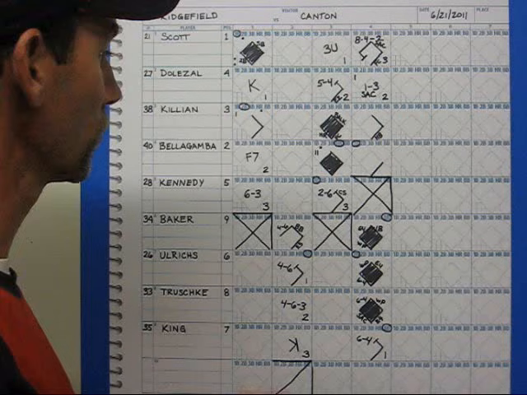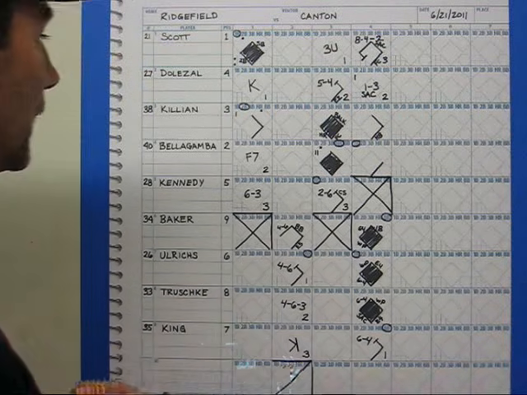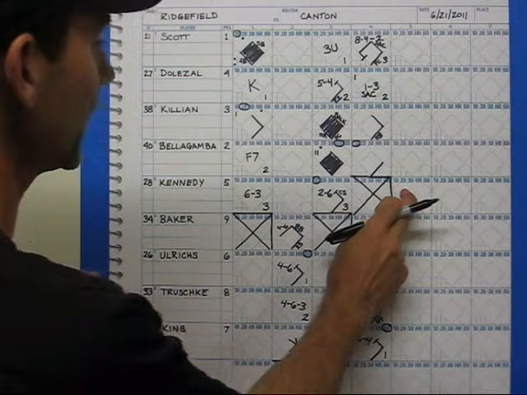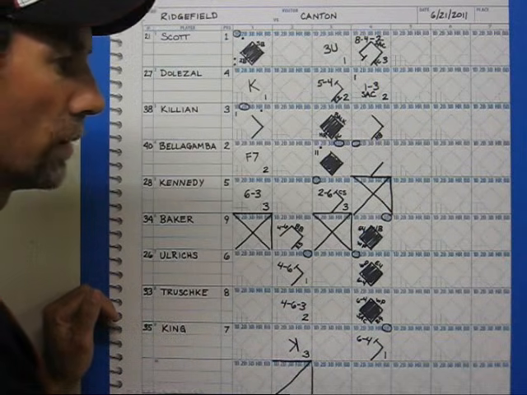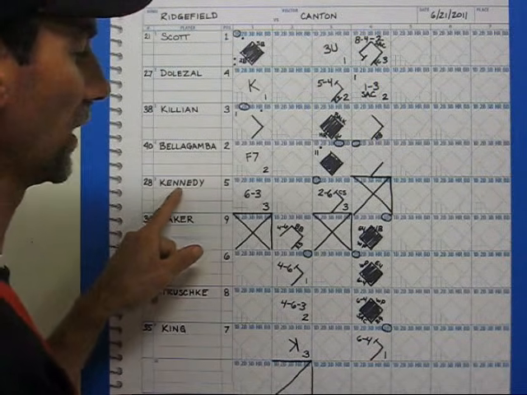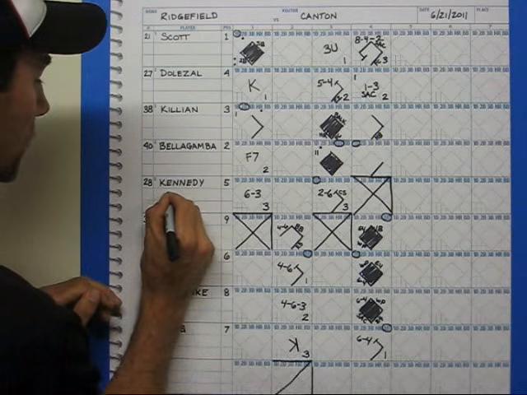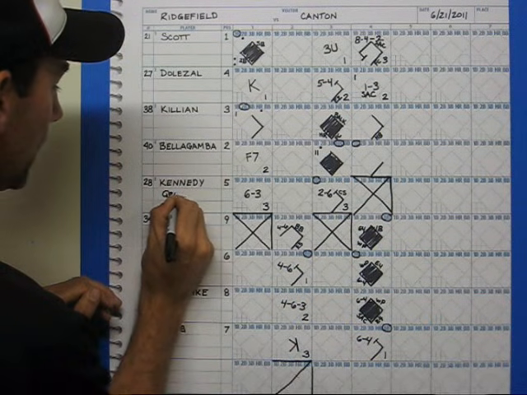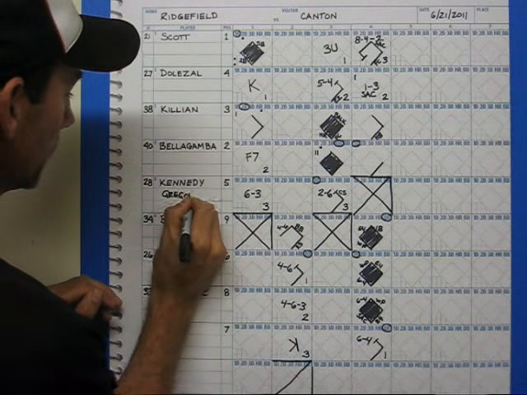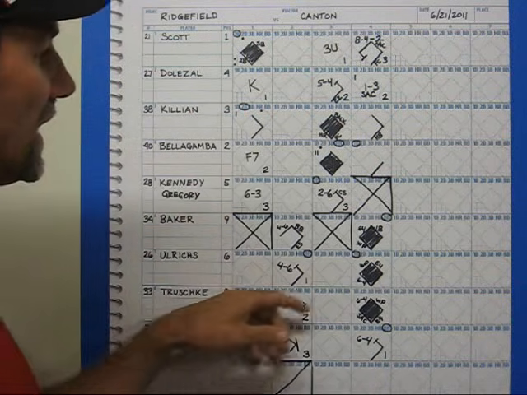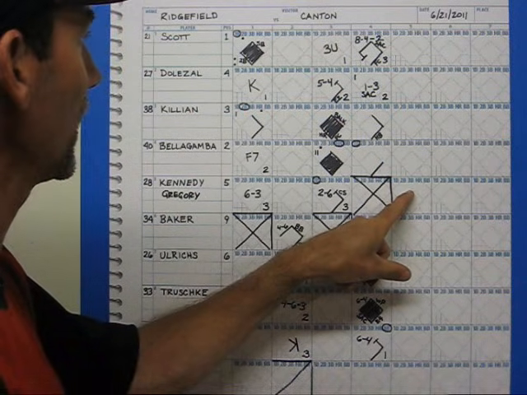And here's just one more little tip we're going to show right here. Let's say that coming up in the 5th inning, we wanted to put in a substitute batter. For Kennedy here, we want to put in Gregory. So we write in Gregory. Now, we write in the inning that he came in, which is the 5th inning.